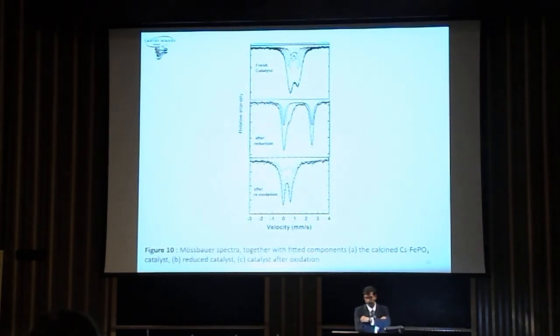The fresh catalyst, after reduction and after reoxidation, showed a formation of the iron pyrophosphate and then the alpha phase. Here we didn't take the low temperature reduction, low temperature oxidation and then high temperature oxidation, because the cesium promoted the formation of the alpha phase at a lower temperature. But the presence of the cesium didn't influence the reduction and reoxidation pathway of the catalyst.